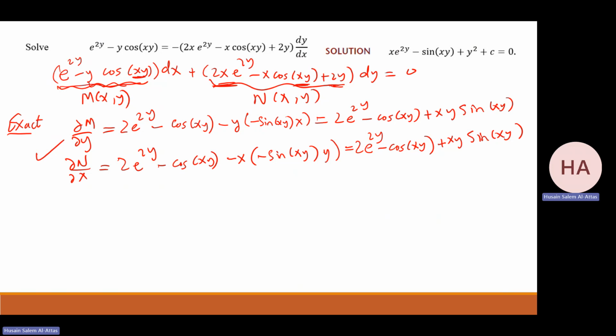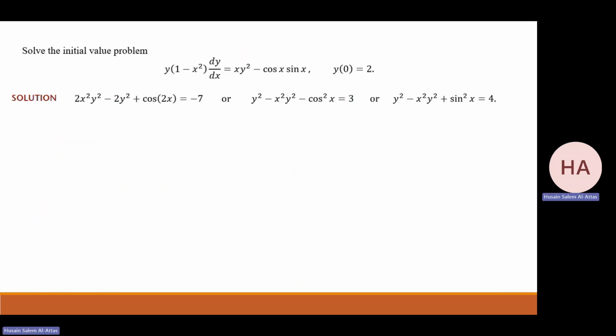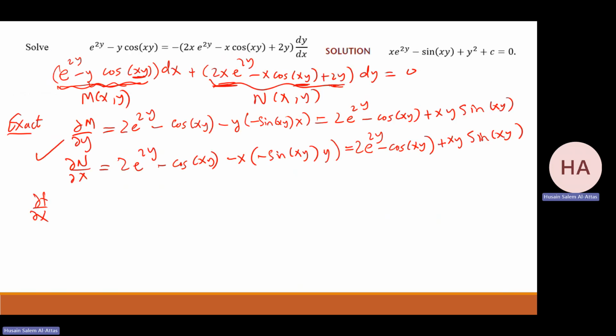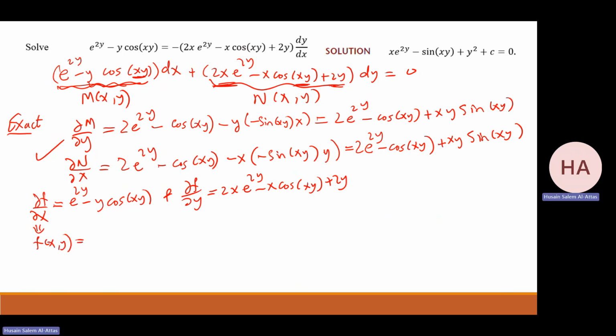Yeah, I think I will start with this one, maybe easier. So I have partial f with partial x. I'm doing many examples, so next example, maybe I will try to do it with respect to y. We'll see. We'll start with partial f with partial y. Okay, that will be what? That is e to the 2y minus y cosine xy. I have both. Let me write both, and then we'll start with one. I will start with this one. So that implies what? F of x and y. I'm integrating with respect to x.